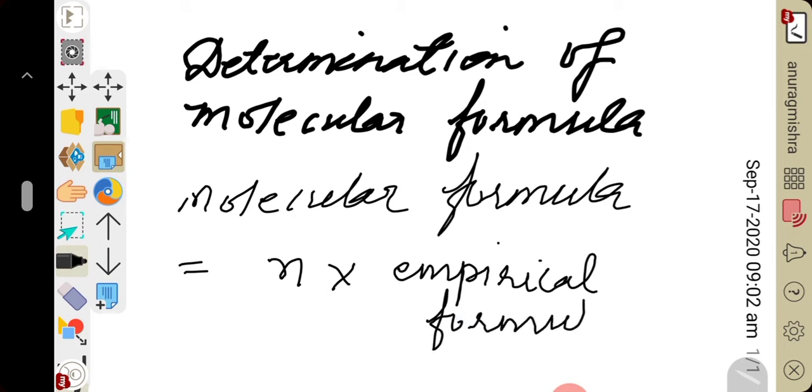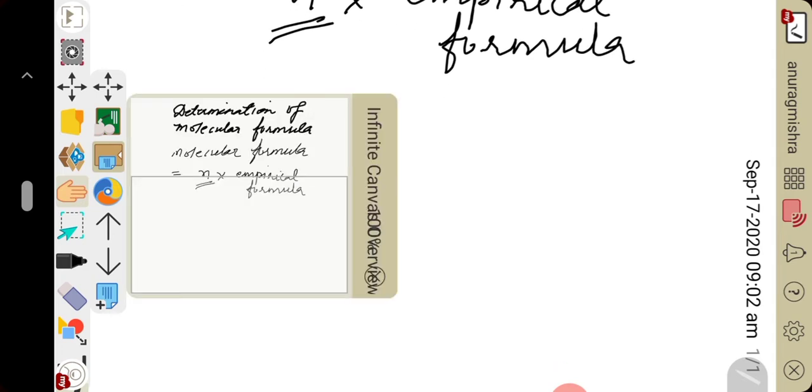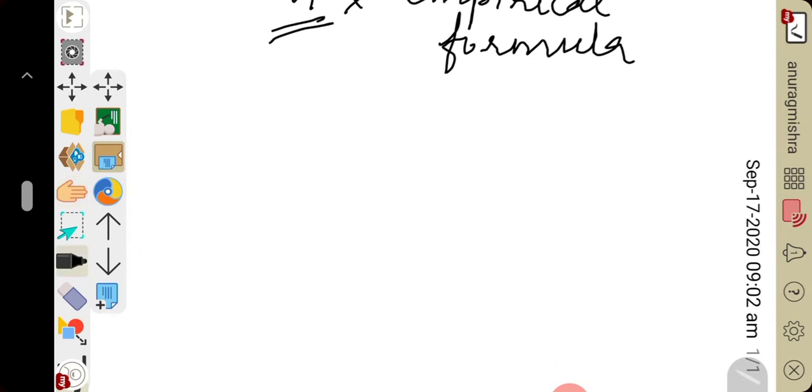What is molecular formula? Molecular formula is equal to n into empirical formula. Let's see what this n is. You have to understand the meaning of this n. This n is just a number.